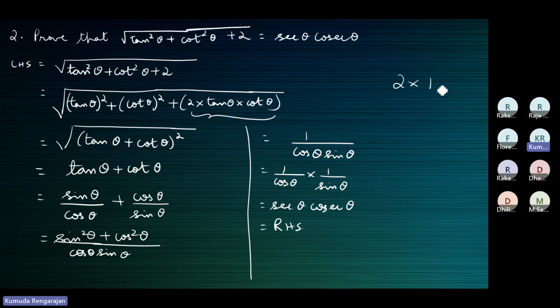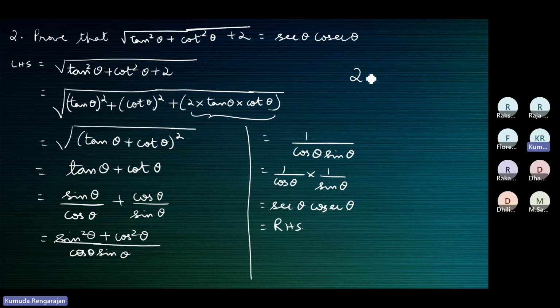What is tan theta into cot theta? It's 1, because cot theta is 1 by tan theta. So they are reciprocal ratios. When you write 2 as 2 tan theta into cot theta, it's nothing but 2 into 1, which is still 2.